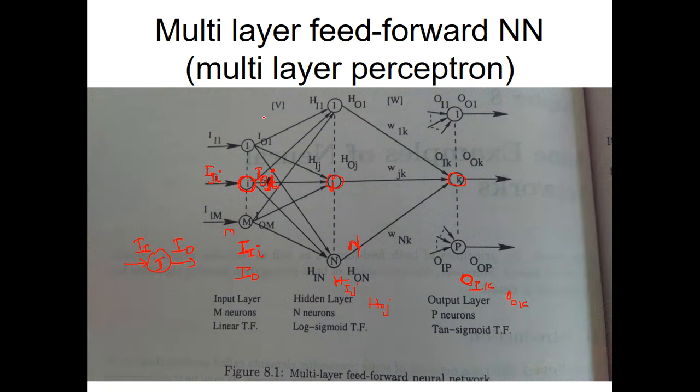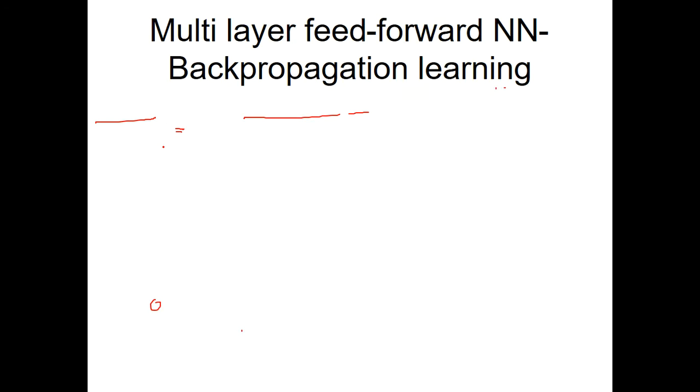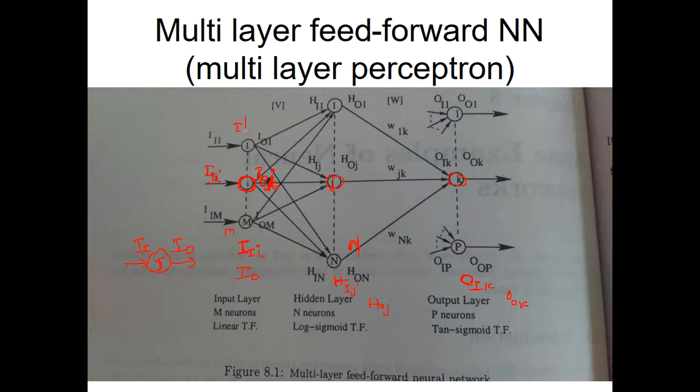Now let us come to the next slide. Step 1, determine output at input layer. So at input layer we do not apply any kind of summation or activation function. So input will go to output directly.